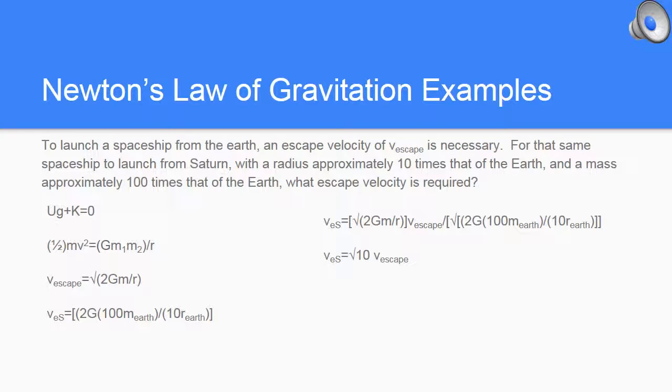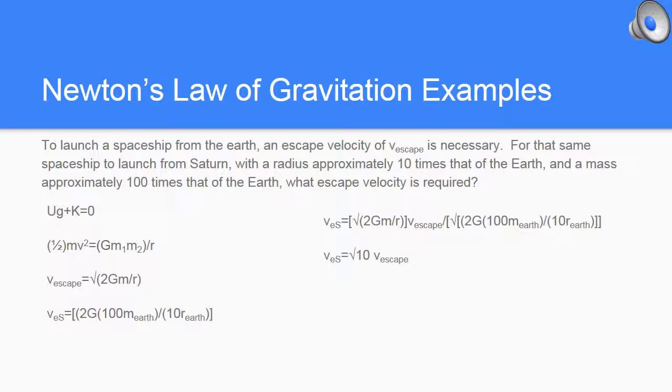So we know that the gravitational potential energy plus kinetic energy equals 0. So we're going to set those two equal to each other, and we're going to have 1/2 mv squared equals the gravitational constant times the first mass times the second mass over radius.